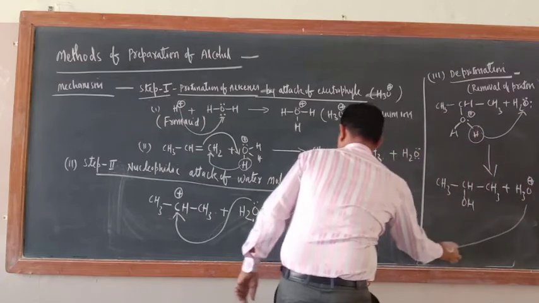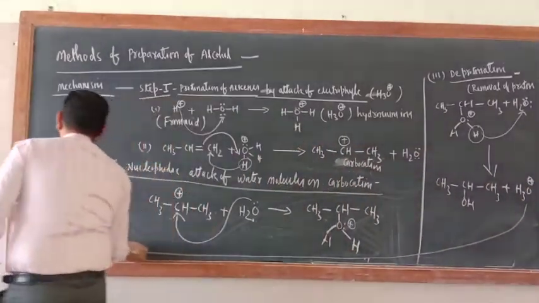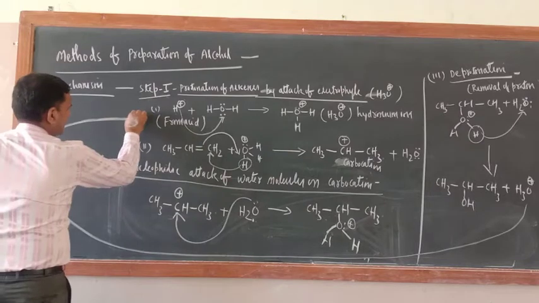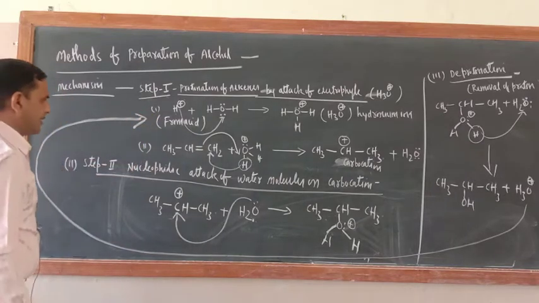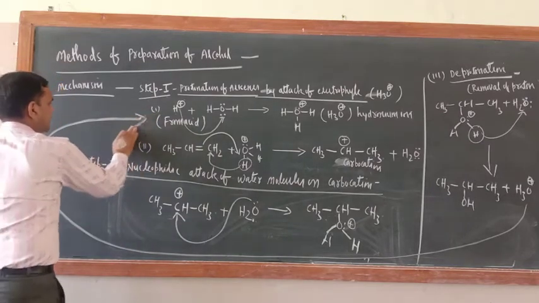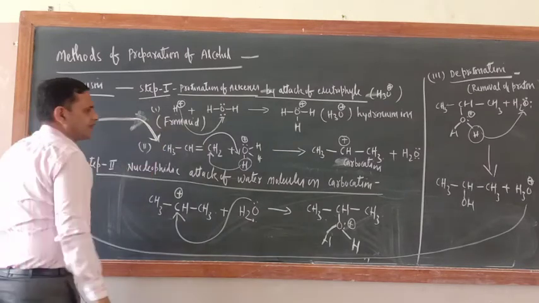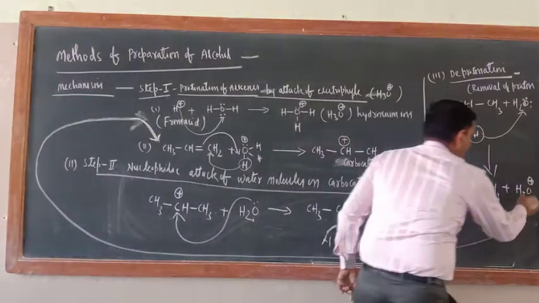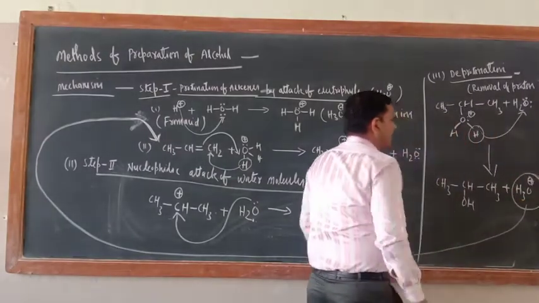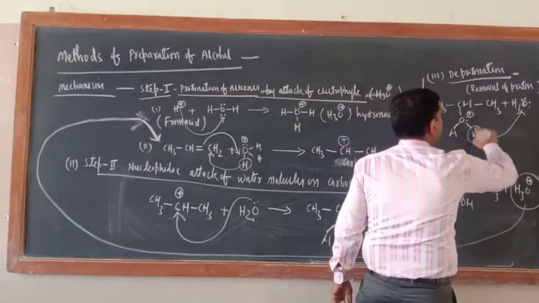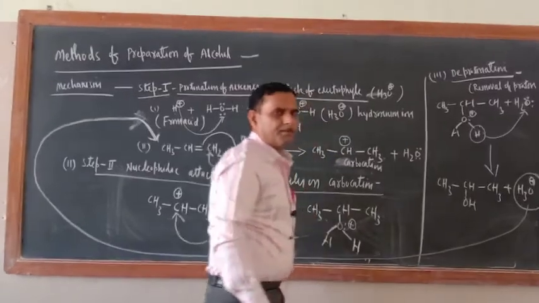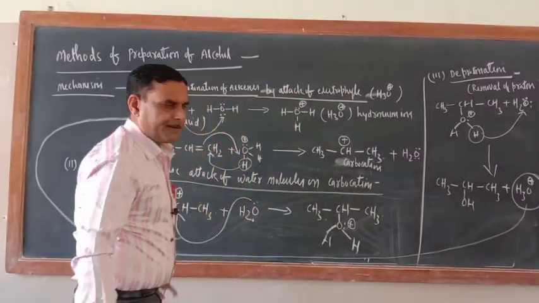Again it is regenerated, and again it will do step number first. This hydronium ion is regenerated. It abstracted one proton, that is why this step is known as deprotonation.